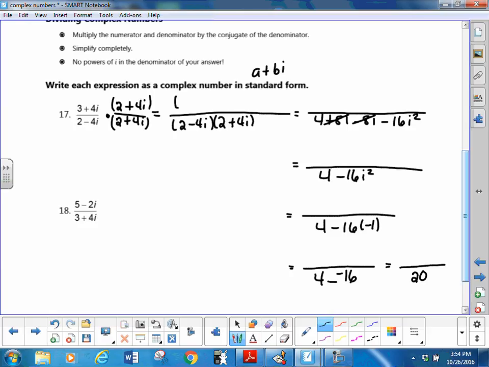So I've got to take 3 plus 4I and multiply it by 2 plus 4I. That gives me 6. It's 3 times 2. 3 times 4I is 12I. Plus 4I times 2 is 8I. Plus 16I squared. And we're just going to follow through and neaten up a little bit. 6 plus, I can do 12I and 8I and get 20I.